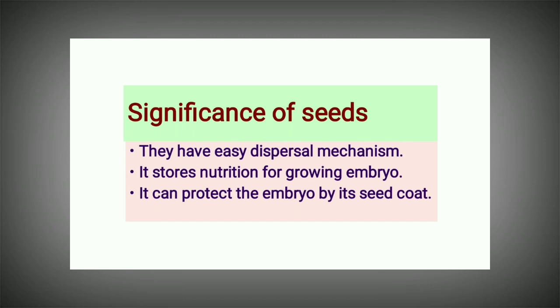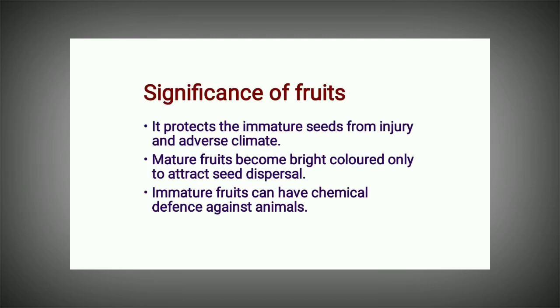Whereas the significance of fruits is that fruits protect the immature seeds from injury and adverse climate. The mature fruits become bright colored only to attract seed dispersal, and the immature fruits can have chemical defense against animals, as they have a repellent taste, and that protects the seed from the animals as a defense mechanism.